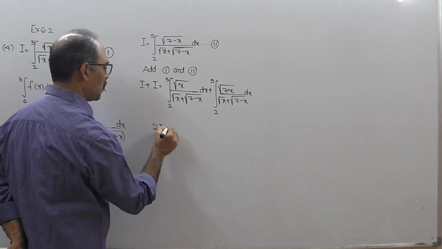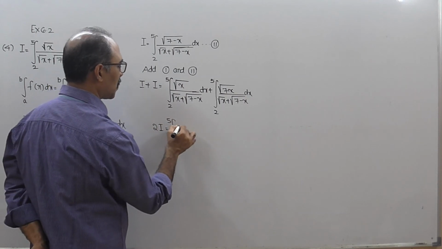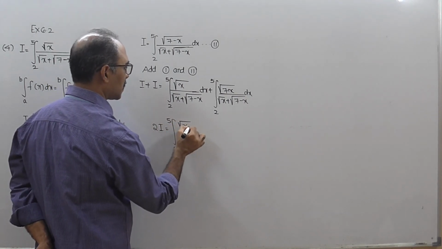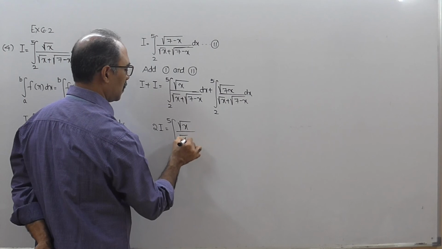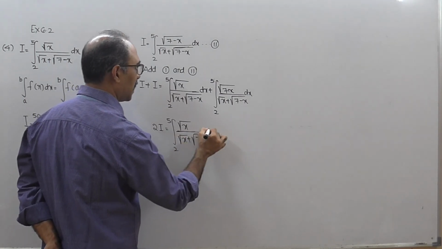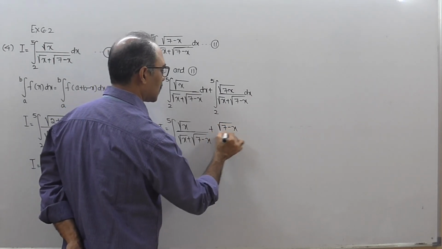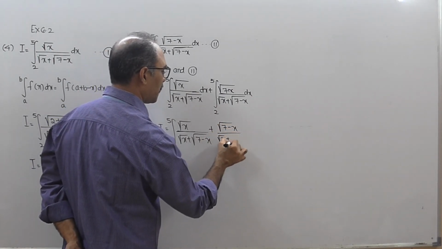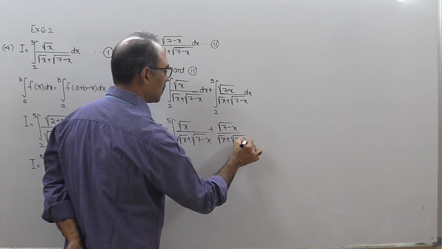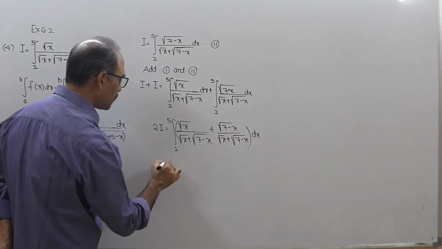I plus I is 2I. This is 2 to 5, integration common, you get root x upon root x plus root 7 minus x plus इधर से आएगा root 7 minus x upon root x plus root 7 minus x and dx.